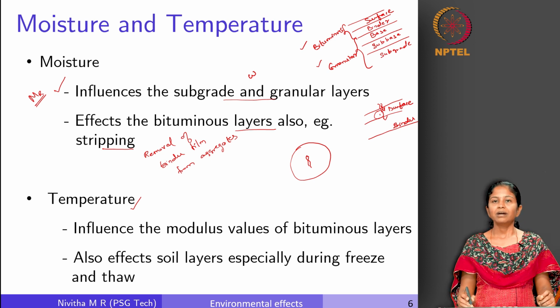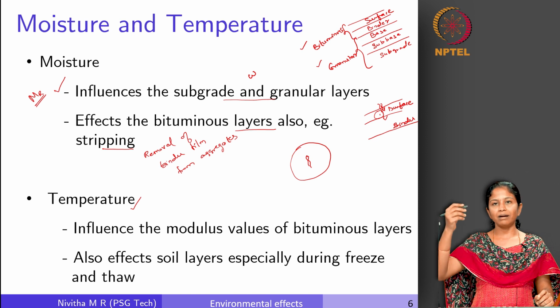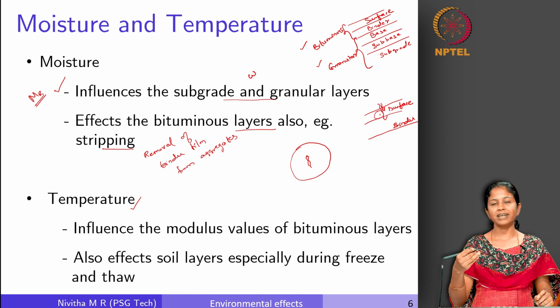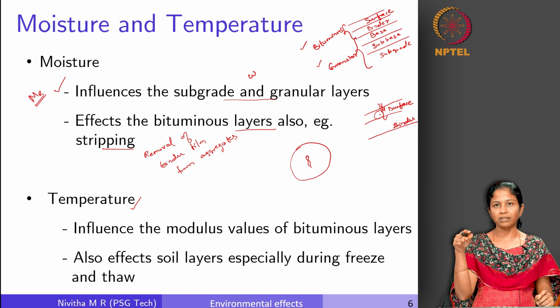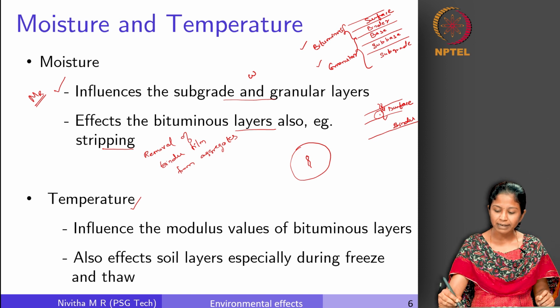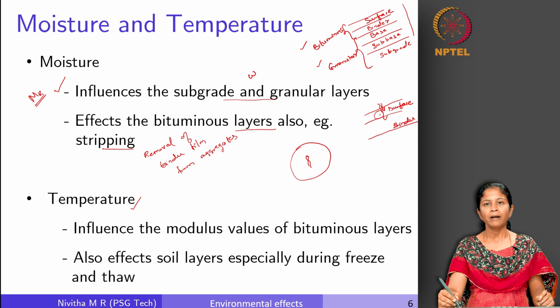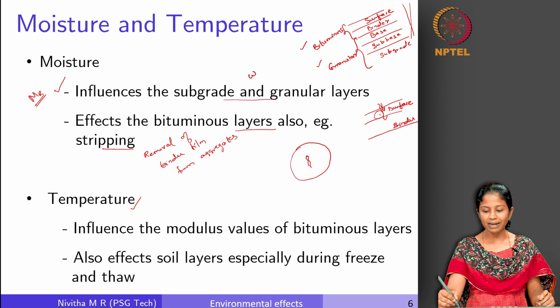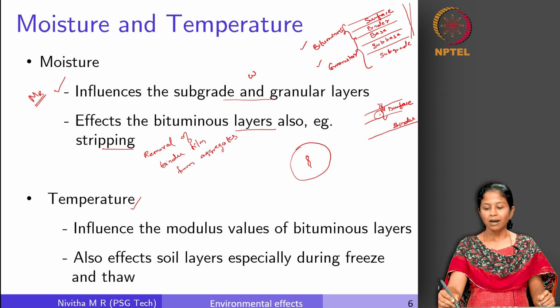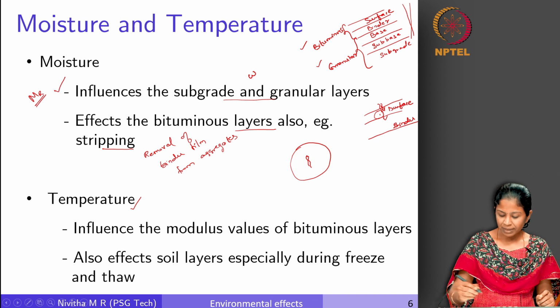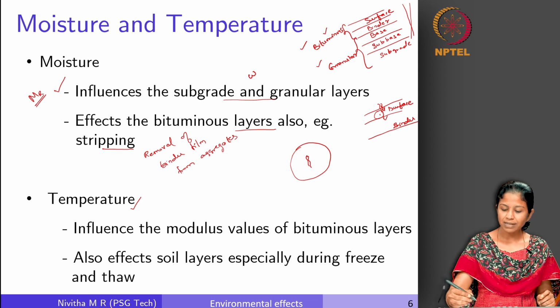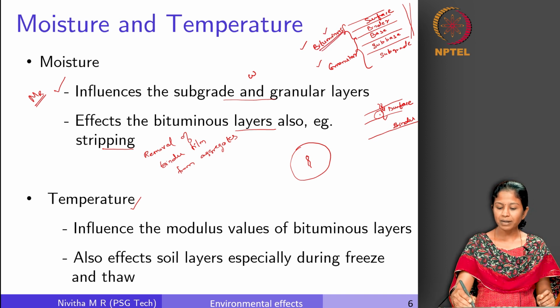Because of all these radiations, we have a particular temperature on the surface, and there is going to be a temperature gradient along the depth. Again, I will show you how it varies, because it is not simple to draw a line like this. There is a lot of variability in the temperature gradient along the depth of the pavement. This temperature is going to have a significant effect on the bituminous layers.